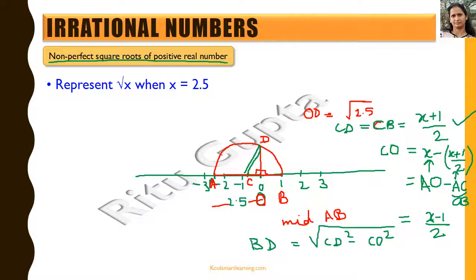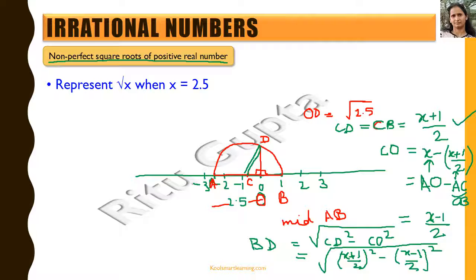Now we know CD is ((x plus 1) by 2) whole square and CO is ((x minus 1) by 2) whole square, and then the square root of this.